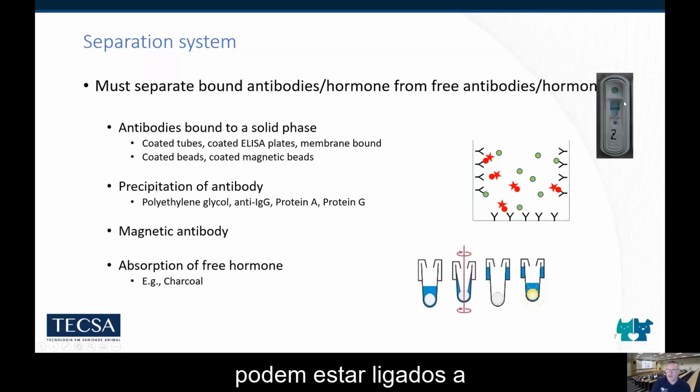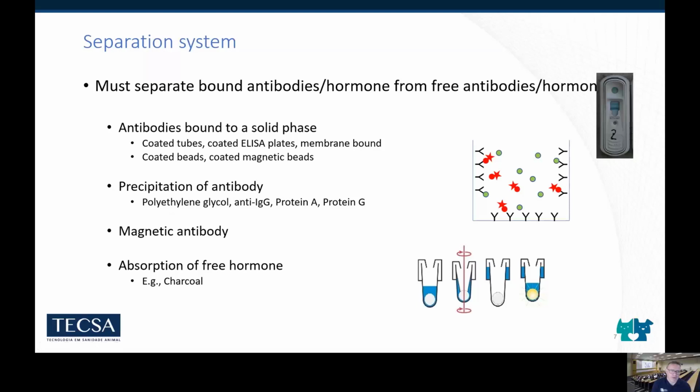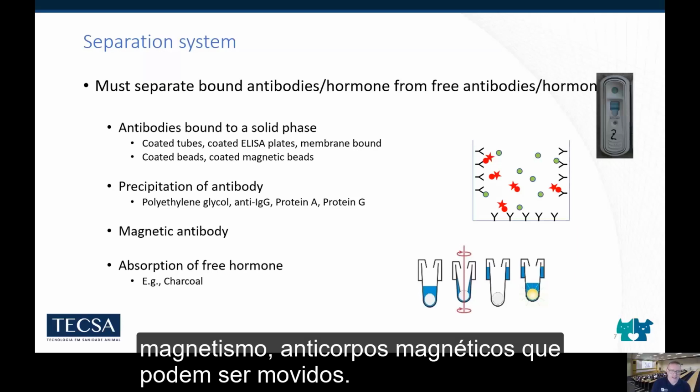They might be bound to a membrane in a lateral flow type device such as this. But there are other ways in which those antibodies that are going to bind with stuff can be separated from those that haven't, and that might be involving precipitating them or having antibodies themselves that are magnetic that can be moved around.